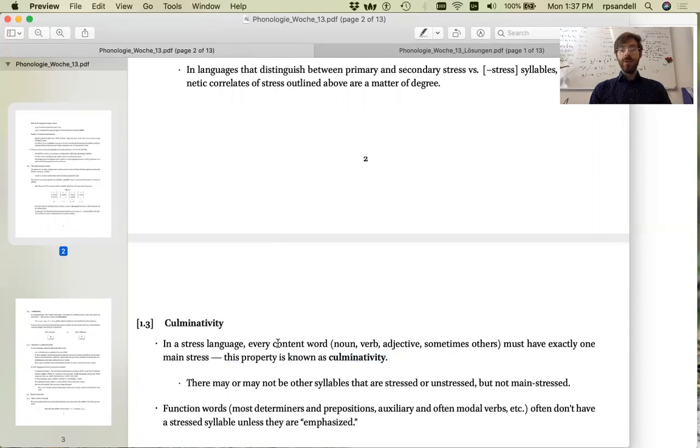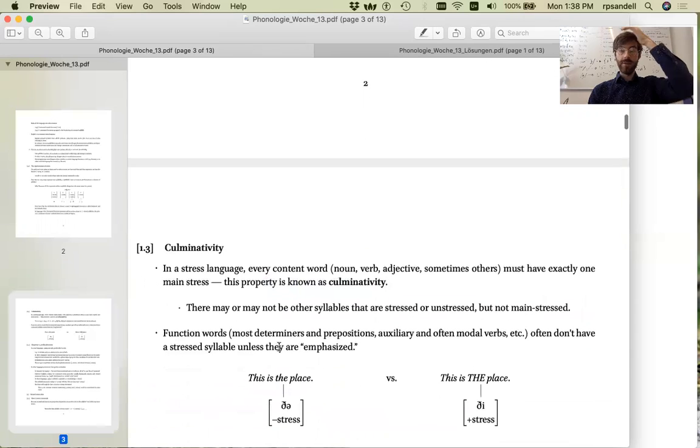In contrast to the content words, which typically need to have at least one and at most one main stress, the function words of stress languages, usually seen in, say, determiners and prepositions, or other so-called light or weak verbs, the auxiliary or modal verbs of the language, these word classes often don't have a stressed syllable unless they are placed in some sort of other phonological context, or under some sort of semantic conditions that require them to become stressed.